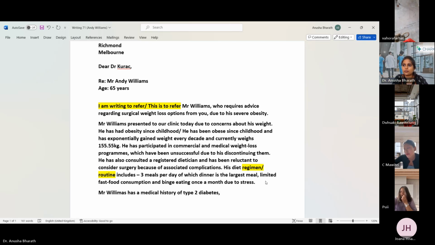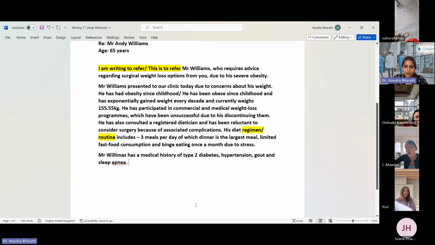What else? Hypertension, gout, and sleep apnea. Is the screen still visible? Yes, ma'am. Okay.